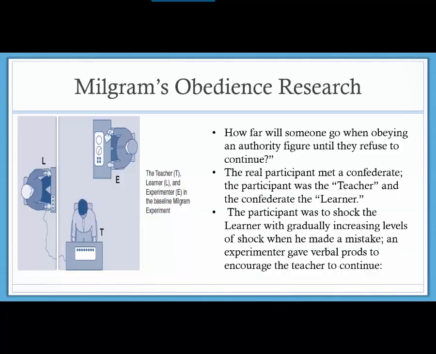And so, how this experiment was set up is that you have the teacher, you have the learner, and you have the experimenter. The participant, the person that responds to the ad, is called the teacher.